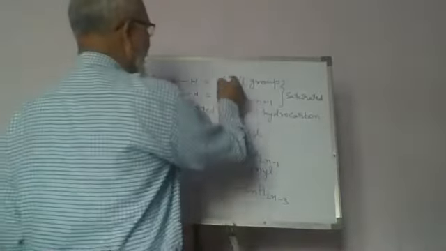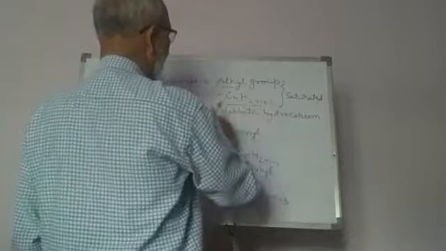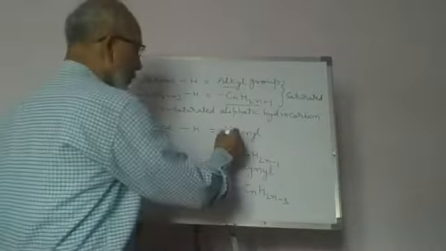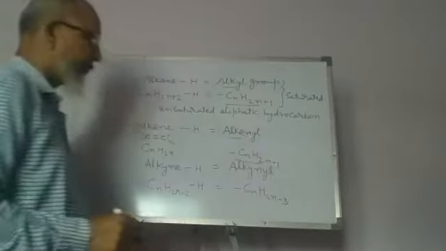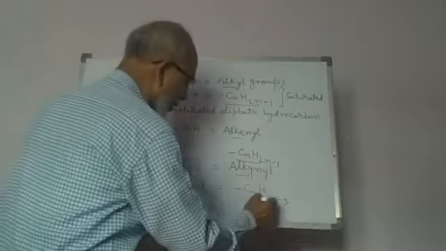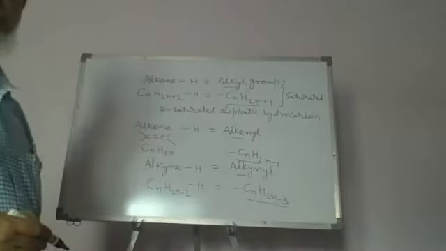So the general formula of alkyl group is CnH2n+1, general formula of alkenyl group is CnH2n-1, and general formula of alkynyl is CnH2n-3.